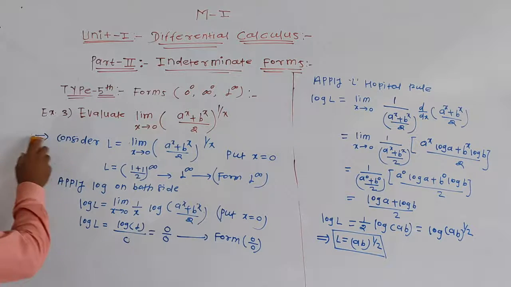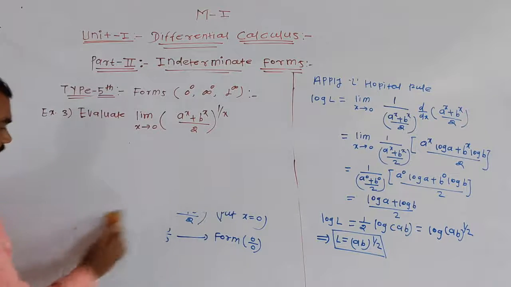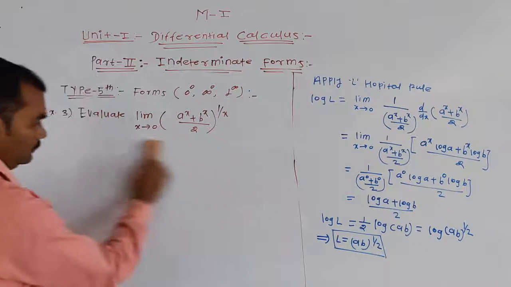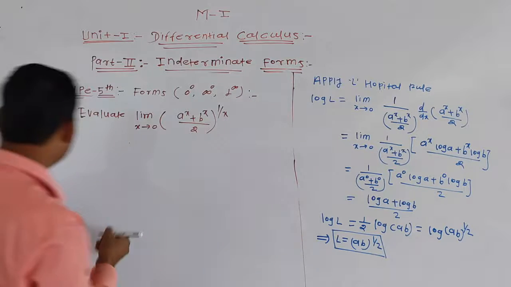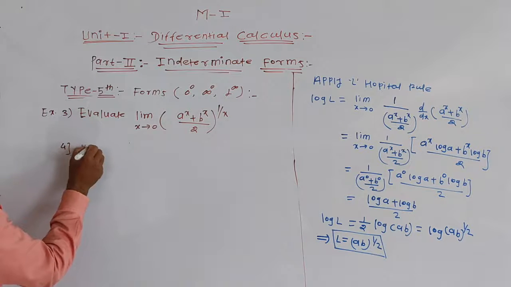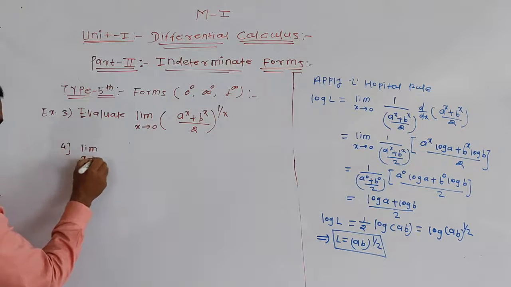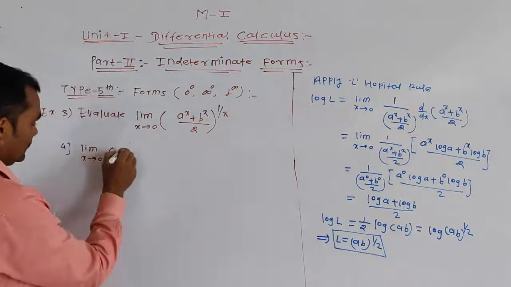This is your example third. Now example fourth: evaluate the following, limit x tends to 0, (1 plus tan x) raised to cot x.